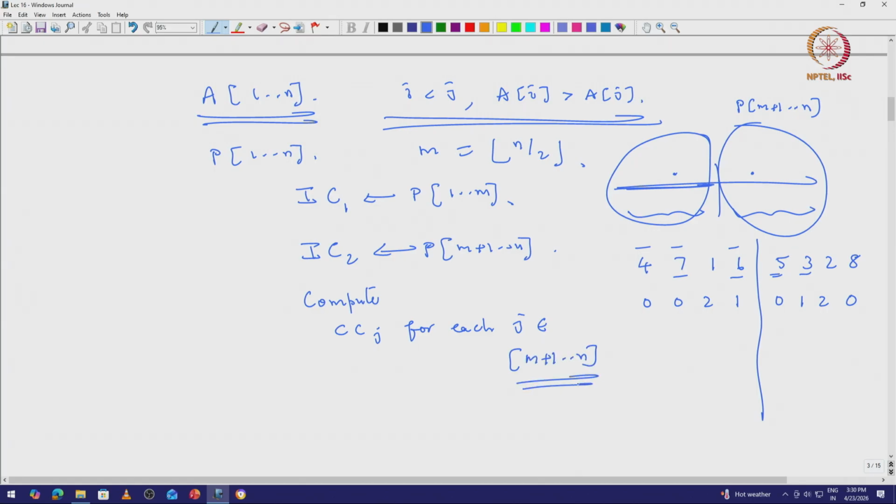For each of these I have to compute the cross count j, and that cross count is the sum of cross count j, for j equals m plus 1 to n. This is the cross count. What is the total number of inversion count? Now, inversion count is IC1 plus IC2 plus cross count, all these inversions put together.